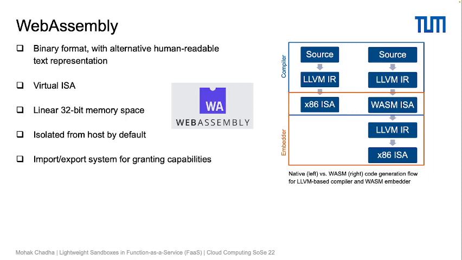So for example, if you want to compile C++ to WebAssembly, currently the only support is from Clang, right? You take Clang and generate LLVM IR, which is then converted to WebAssembly. So it's like a target. On the right side, you have a source, you generate LLVM IR and then through the IR you generate this WebAssembly module.